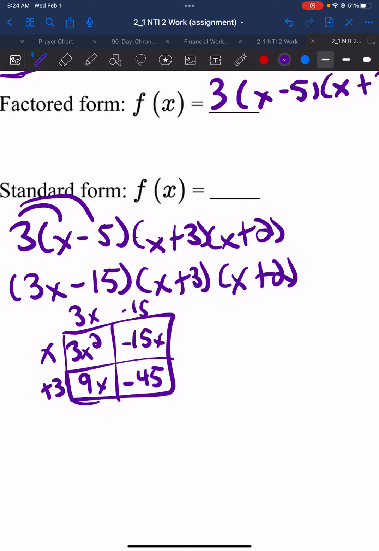So, combine these, got 3x squared minus 6x, just making sure my math's right, minus 45, and then I've got x plus 2 to multiply by. I'll do that in blue.